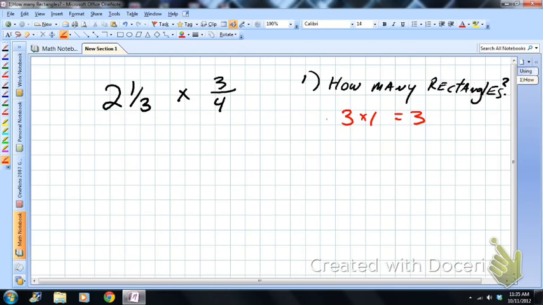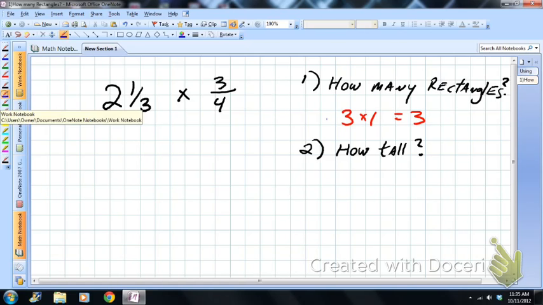Now let's figure out how tall and how wide those rectangles need to be. First, let's think about how tall they need to be. That's pretty easy to figure out as well. All we need to do is look at the denominator of this first fraction. So our rectangles need to be 3 units tall.